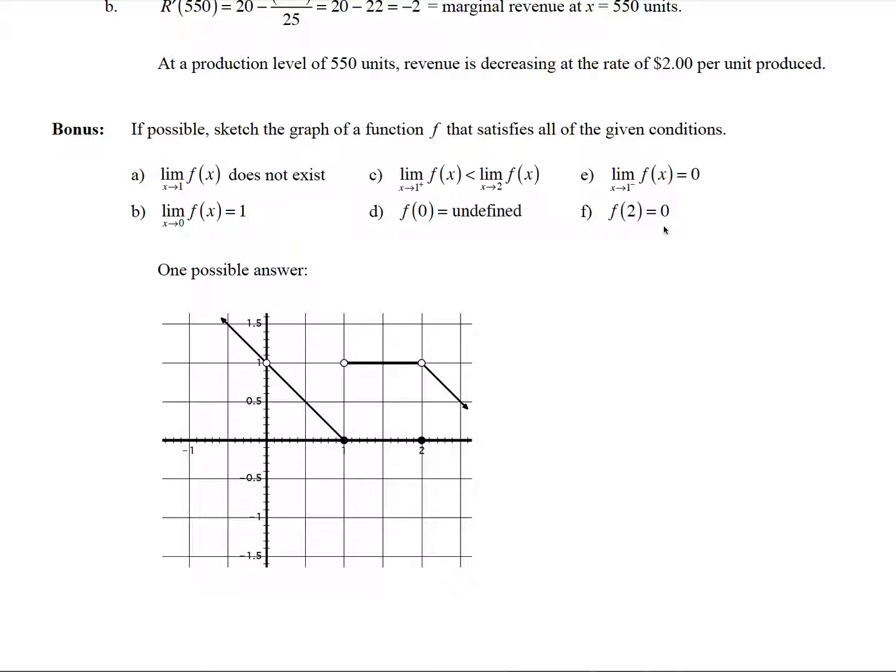So there's others that we need to define here. For instance, f of 0 is undefined.